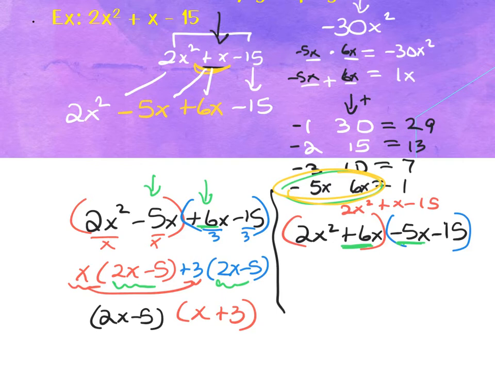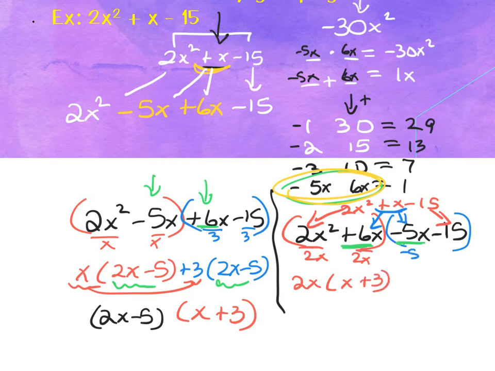So this was my original. So I rewrite the 2x squared. I rewrite the -15 here. Remember, what you're replacing is this plus x with the 2 factors you just found. So you just flipped it? Yeah. Okay, thank you. Now I'm going to do a GCF. GCF here is 2x, and you're left with x plus 3.